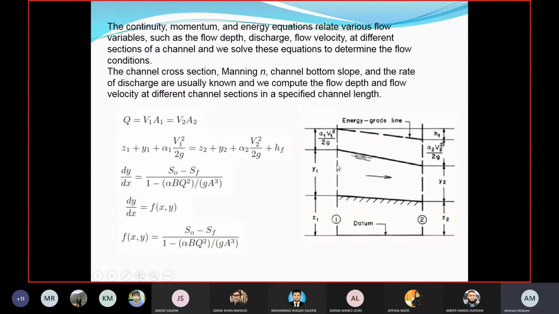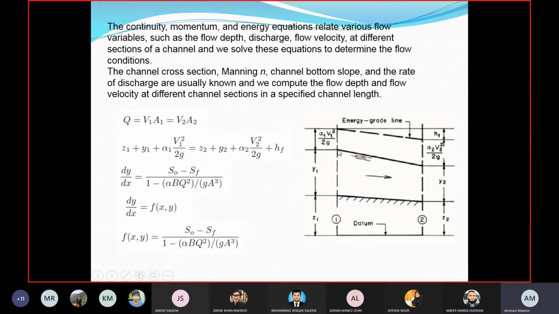For this section, the potential head is Z1.